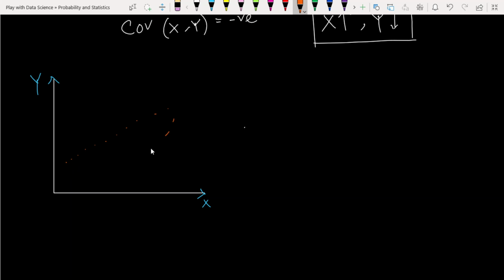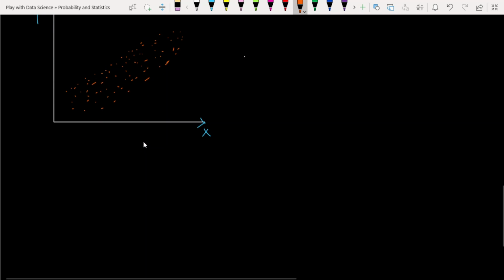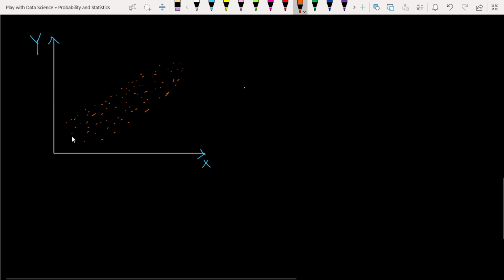Suppose after plotting a scatter plot of our data set, we get this kind of data.